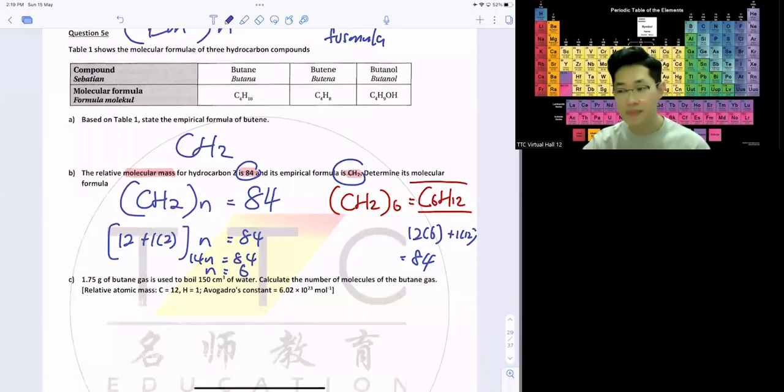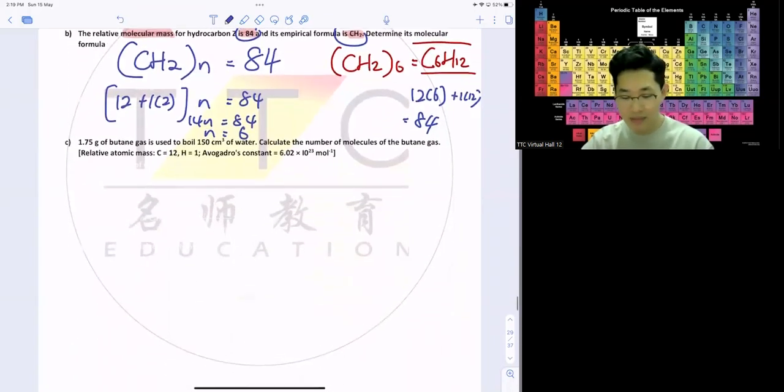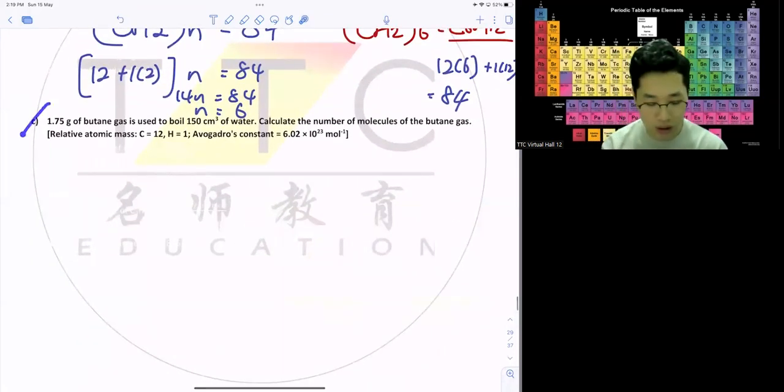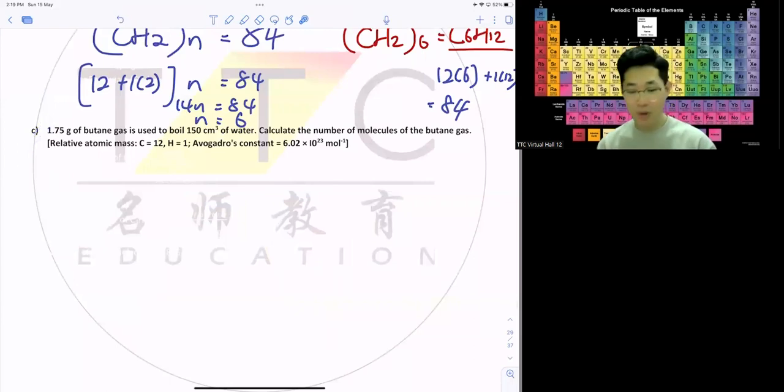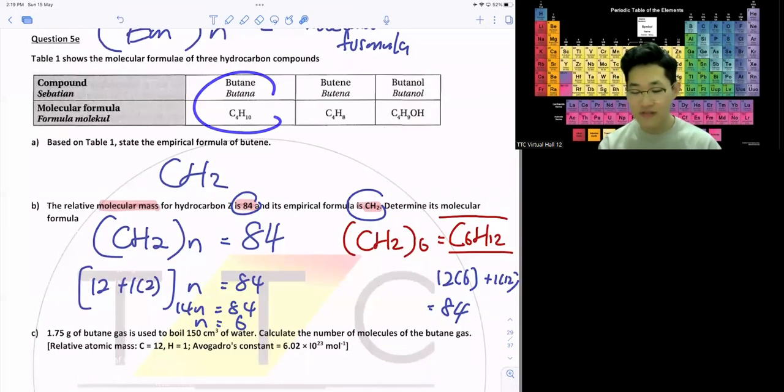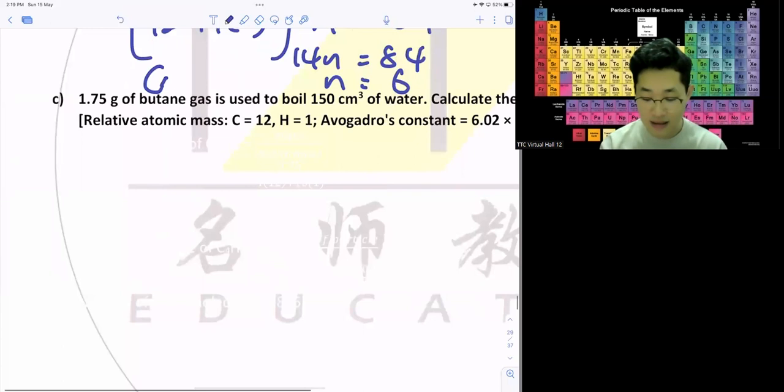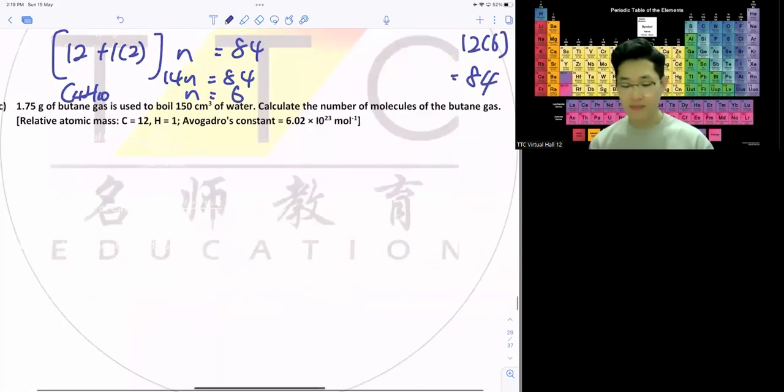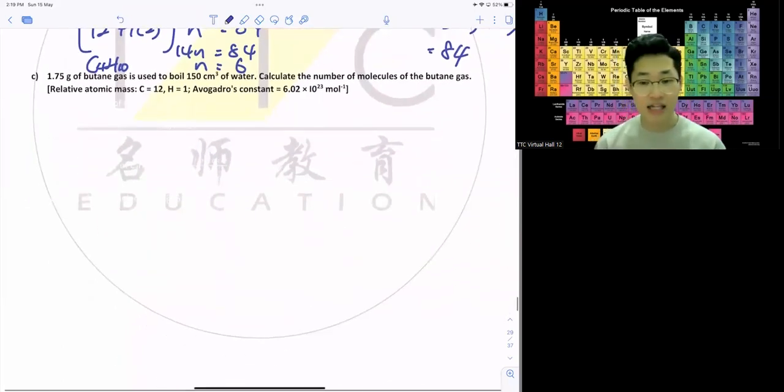Okay, next question is something that you have to try on your own. Butane. Butane is C4H10.